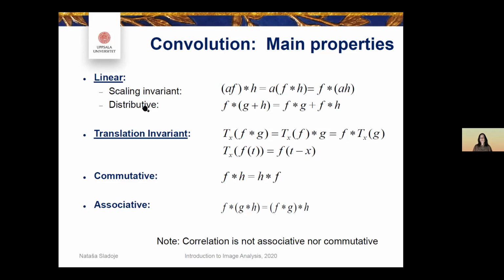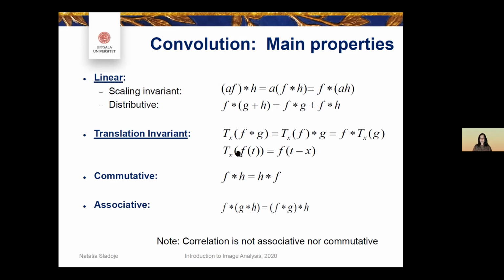Convolution is also distributive with respect to summation, and that means that we can convolve a function with the sum of kernels, or convolve with each of the summands and sum afterwards, without changing the result. An important property of convolution is that it is translation invariant, that its result is not affected by the position where it is applied.